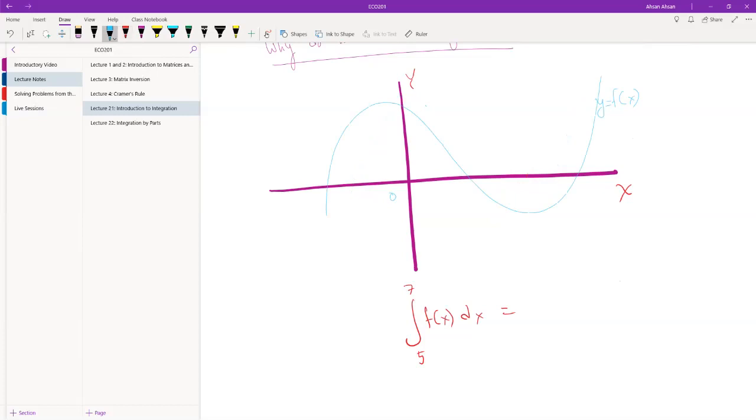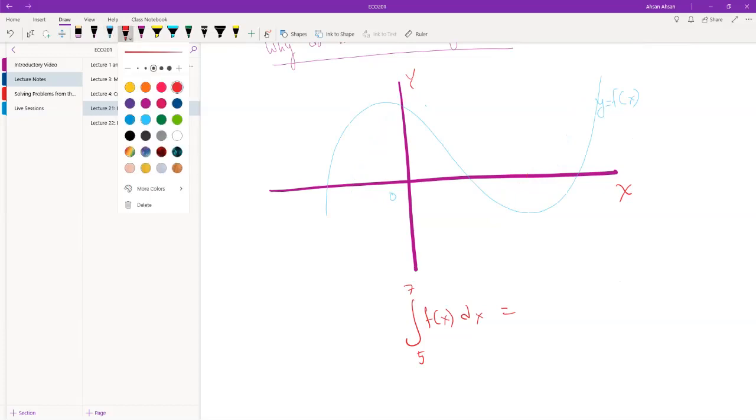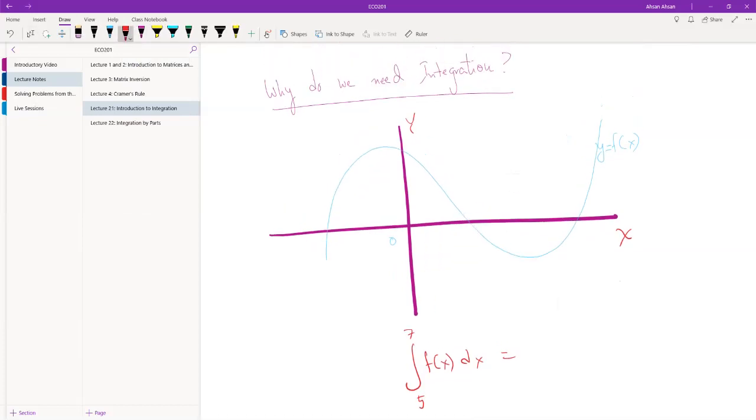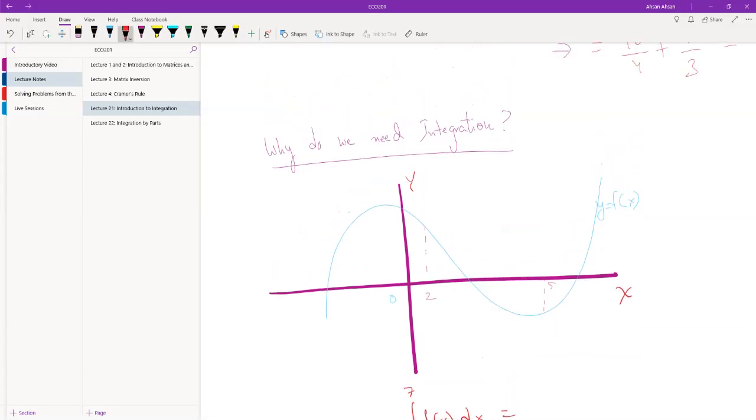Suppose now, excuse me, we want to calculate this area, okay? When x is equal to 2, and over here, suppose x is equal to 5. And we want to calculate this and this area.